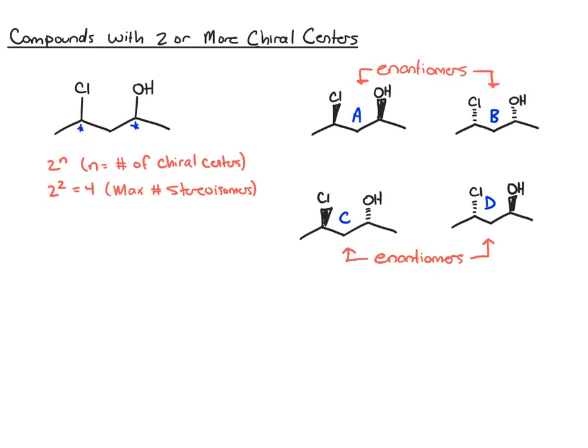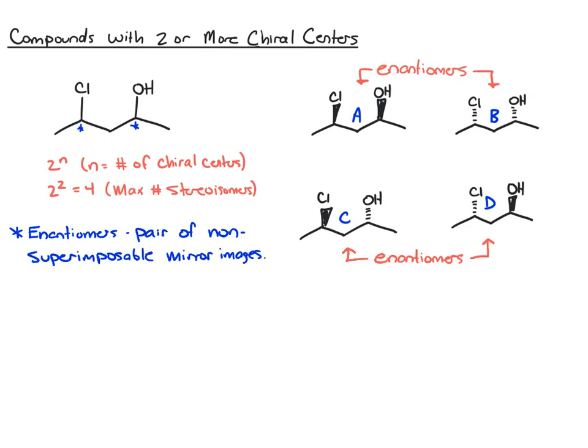So remember, in a pair of enantiomers, we have a pair of non-superimposable mirror images. And you can say in a pair of enantiomers, all the chiral centers are inverted.